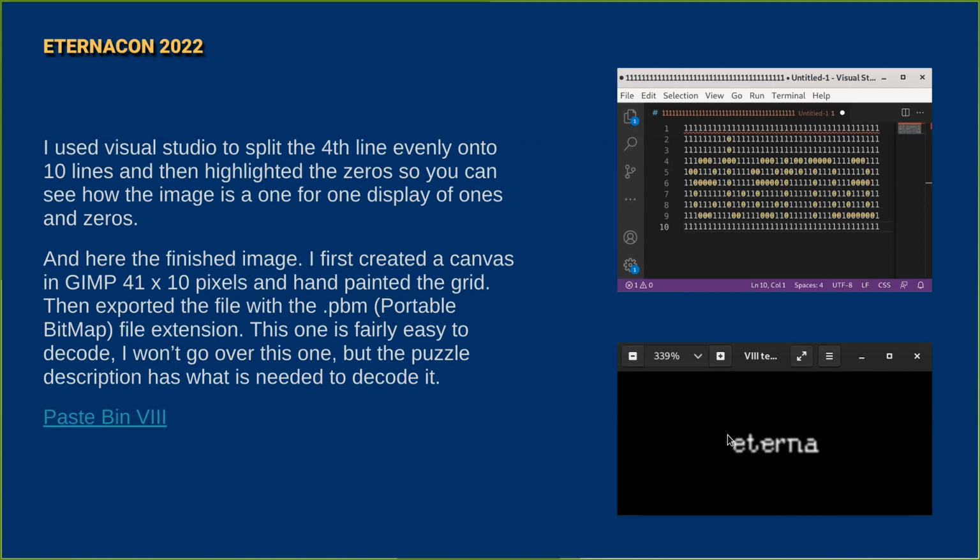I used GIMP, just started with a 41 by 10 pixel canvas and painted the pixels one by one. And I used as a model a font from some of the pixel art stuff that I was watching.